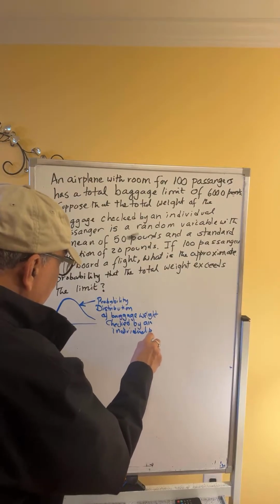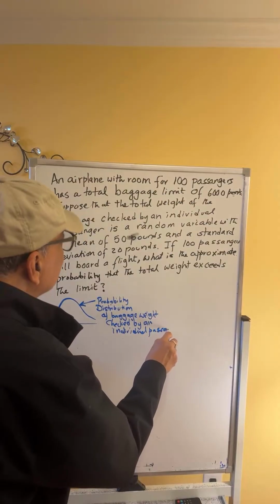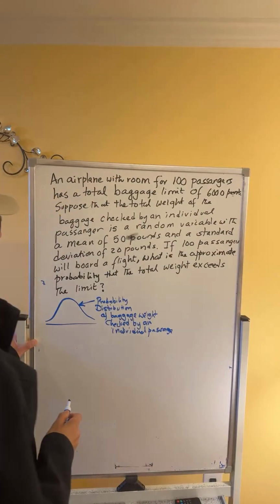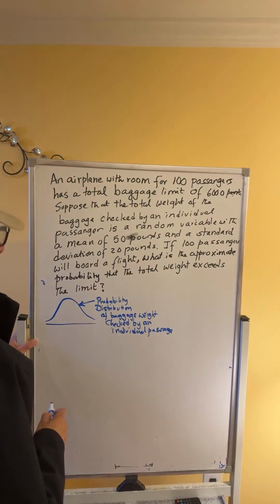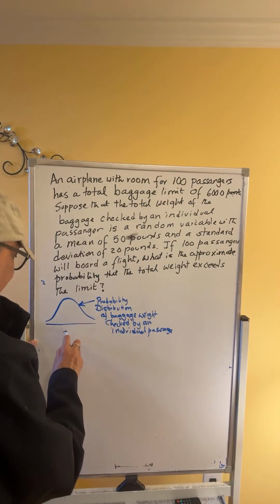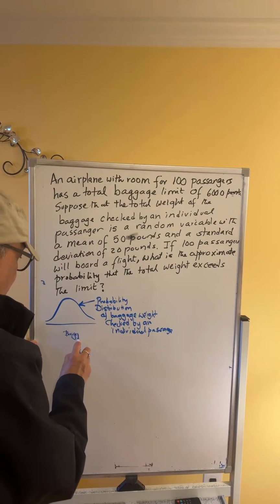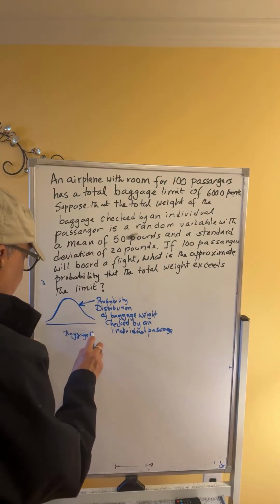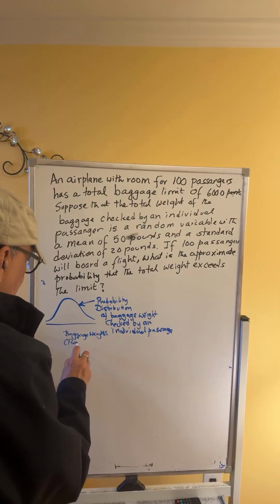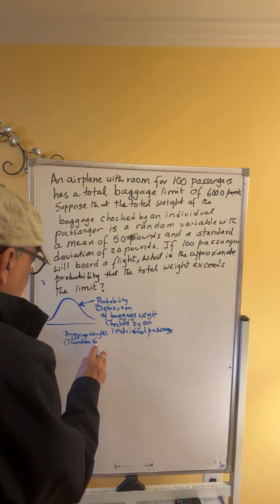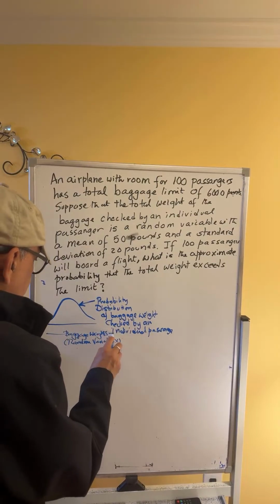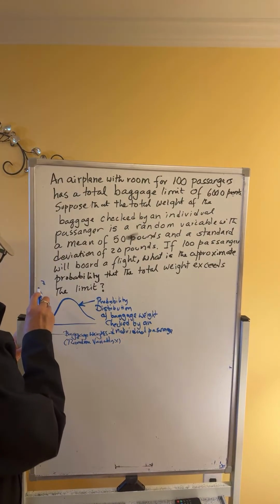It's a random variable with a mean of 50 pounds and standard deviation of 20 pounds. So on the horizontal axis is the baggage weights, and that's a random variable X. On the vertical axis you have probability.